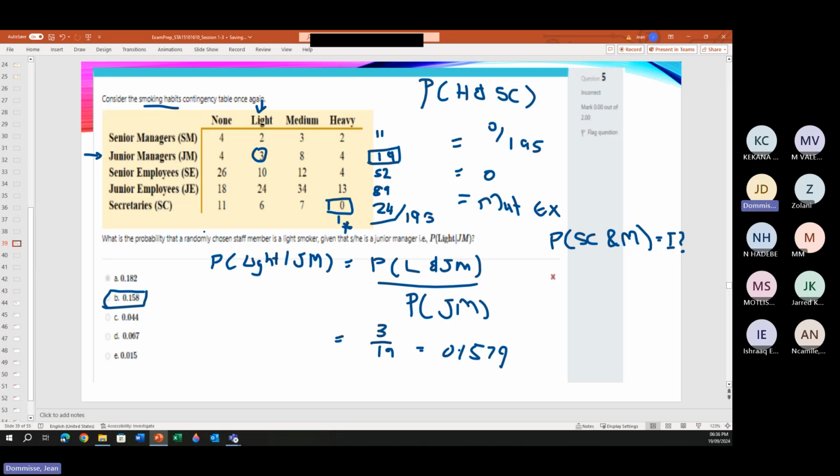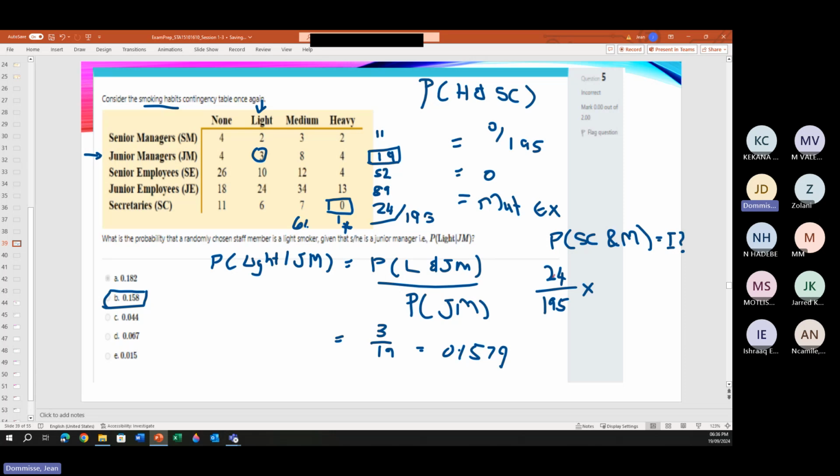Secretaries, there's 24 of them, so 24 over 195 times medium. Let's quickly add the medium: 3 plus 8 plus 12 plus 34 plus 7.